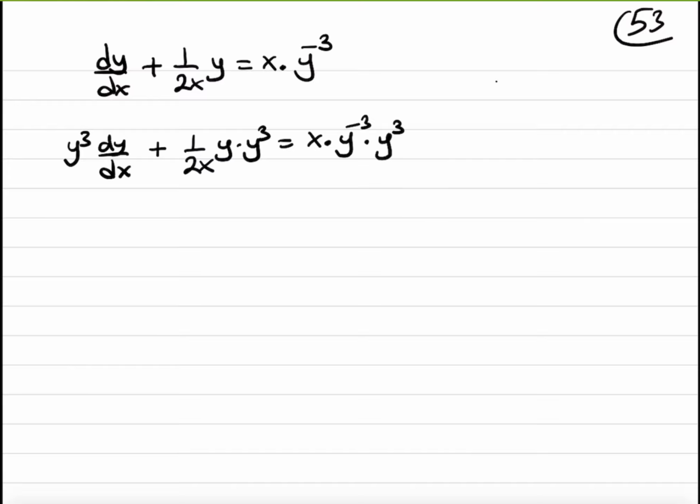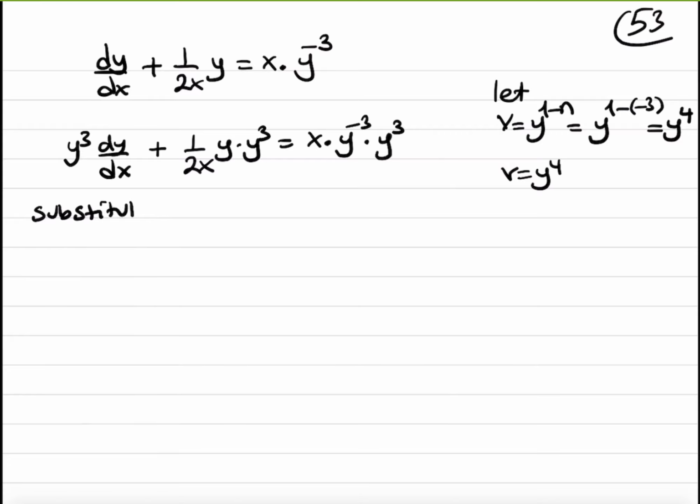And then let v be y to the power 1 minus n. So it is 1 minus minus 3. So we will take v to be y to the power 4. And we will substitute v, and we need to also find v prime.